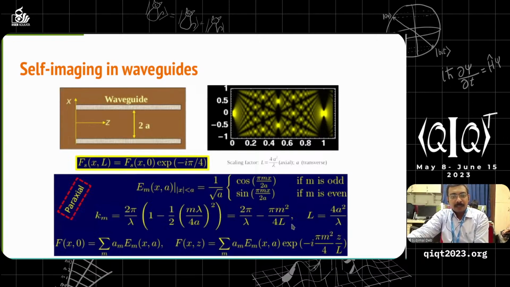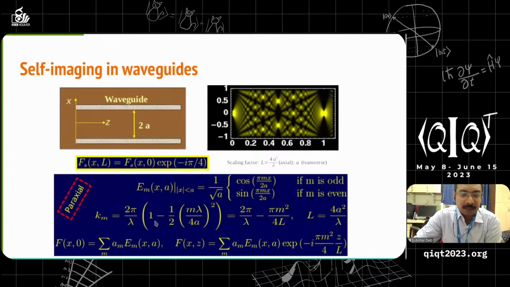It turns out that if you have the width of the waveguide much larger than the wavelength being used, then the phase that is being collected is proportional to the square of the mode index m. So the mth mode will collect a phase which is proportional to m square. And the propagation constant also approximately becomes proportional to m square.